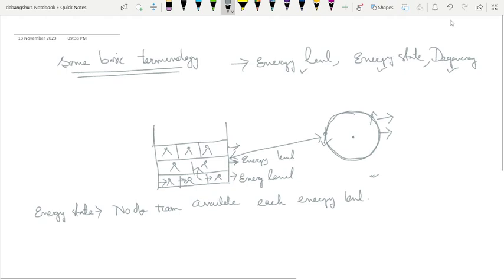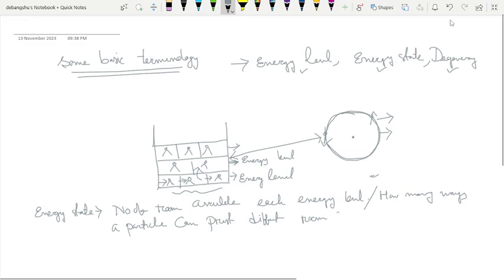The number of rooms available in each energy level, or how many ways a particle can be present in different rooms. Here there are three different ways a person can stay in the first energy level.